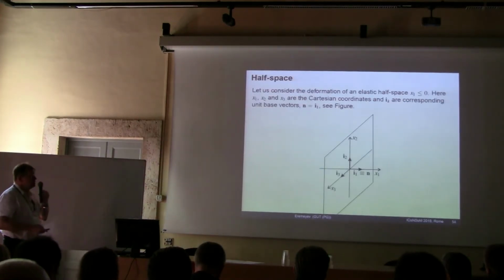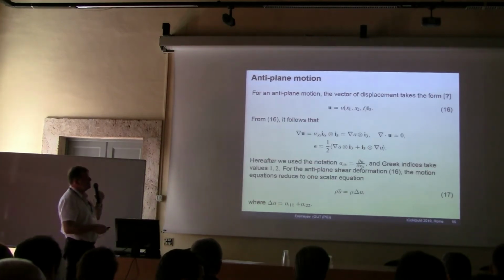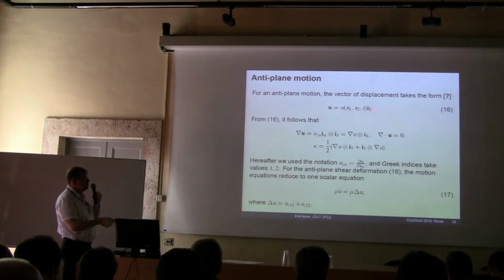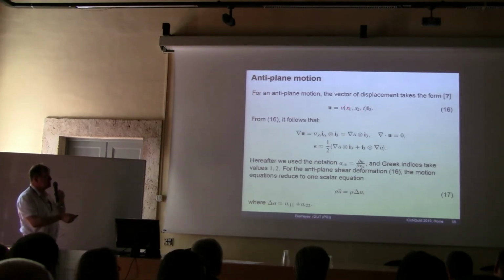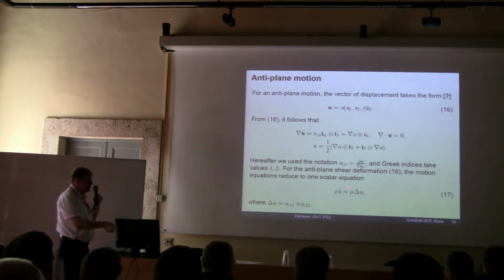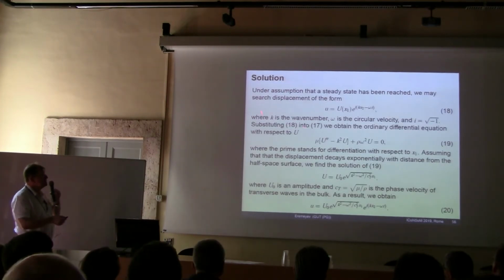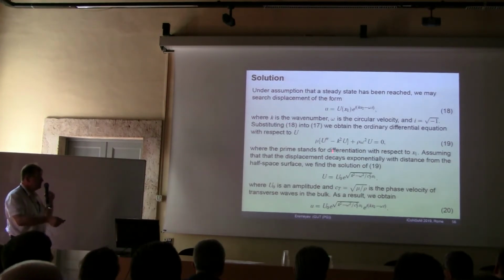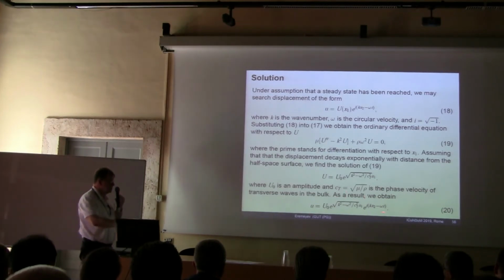We consider a half space and this antiplane motion. It is quite simple because it reduces to one scalar function, and we have only the wave equation in the bulk, which is a quite known and old equation. We consider steady state, and in the bulk we have such a representation of the steady state solution.